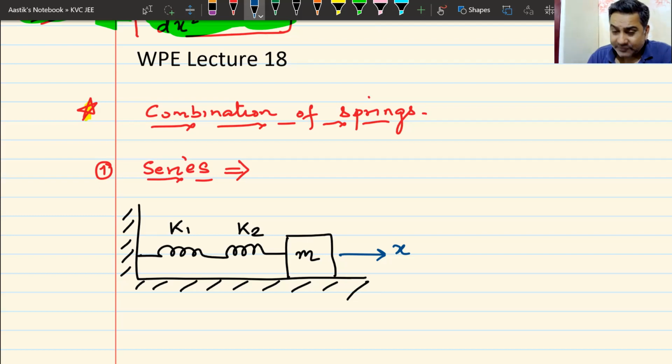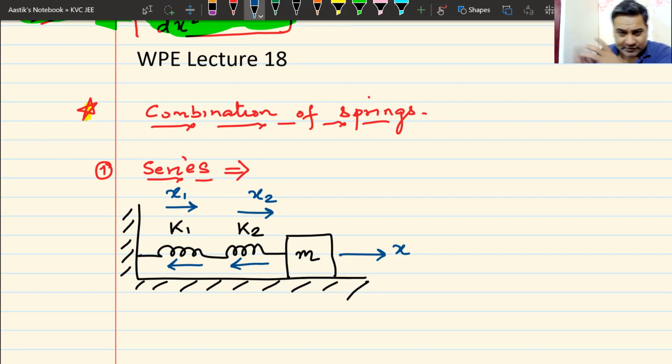Okay, the extension in the spring will be different. If this spring extends by x2, let us assume that this spring will extend by x1. So they will have different extensions. But if I talk about the force acting on the spring, this spring will try to pull it back. This spring will also try to pull it back.